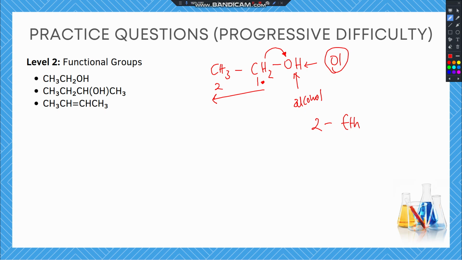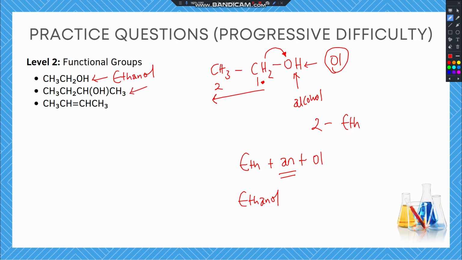So adding everything together, we have ETH, the parent name, plus AN, which is an alkane because it has only single bonds present in its structure, plus the functional group's name as the suffix. So we have ethanol as the name of this compound over here, ethanol.